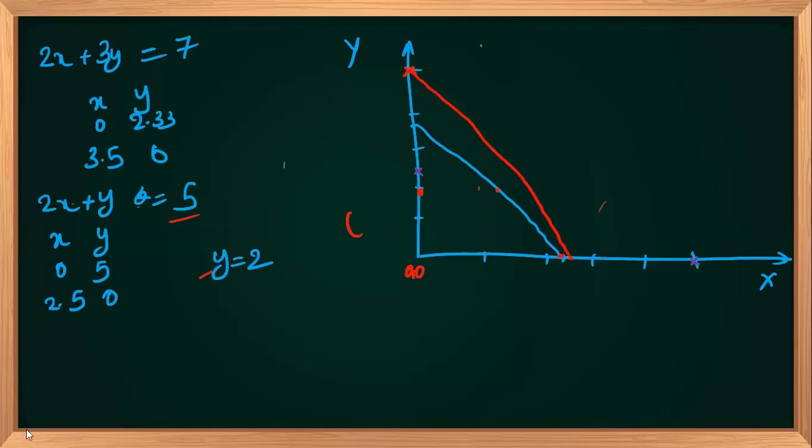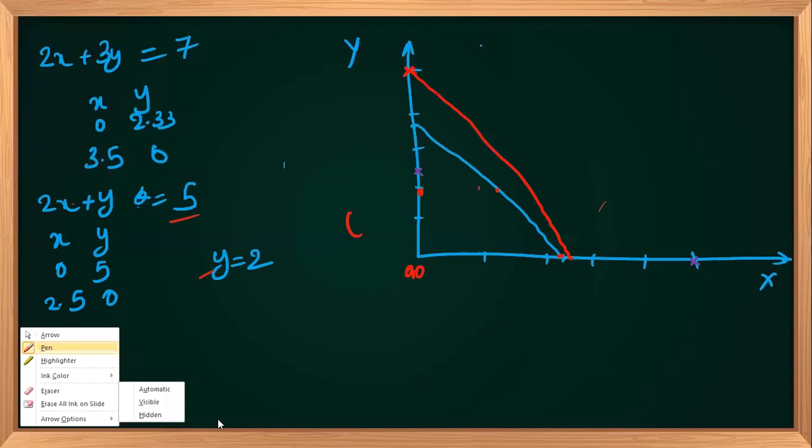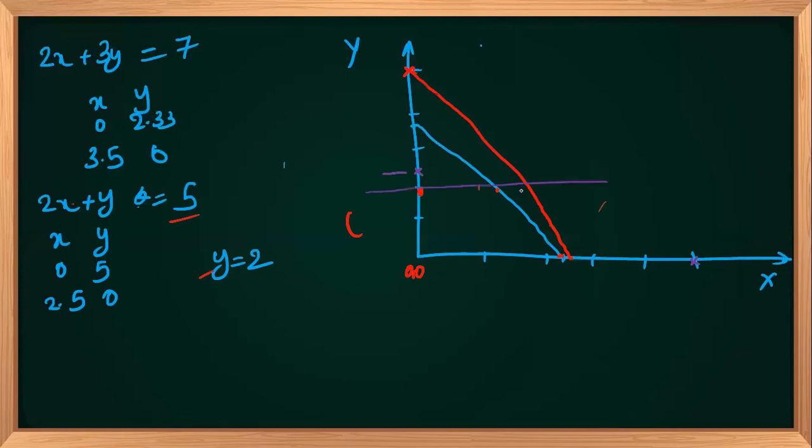And the third graph will be y equal to 2. Y equal to 2 graph will be this one. Or did I make the mistake again? This is 2.5. That's okay. When x equal to 0, y equal to 3.5. That is here. When y equal to 0, x equal to 2.33. 2.33 will be just less than this one, right?